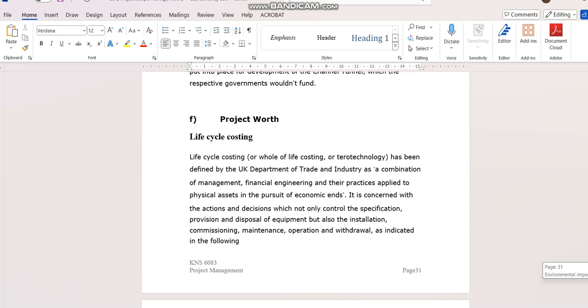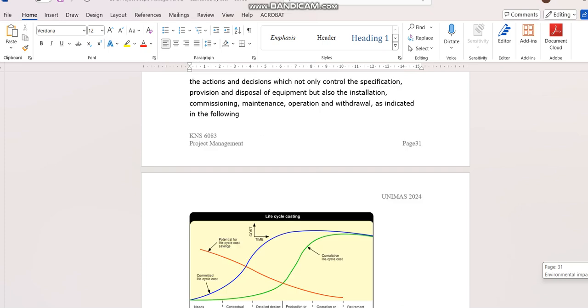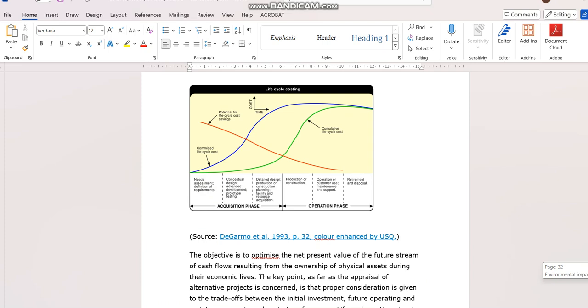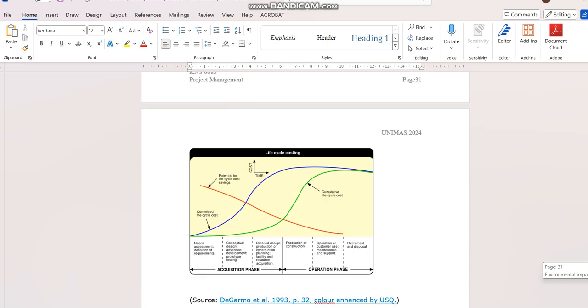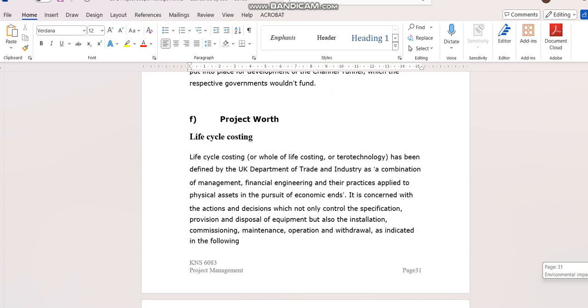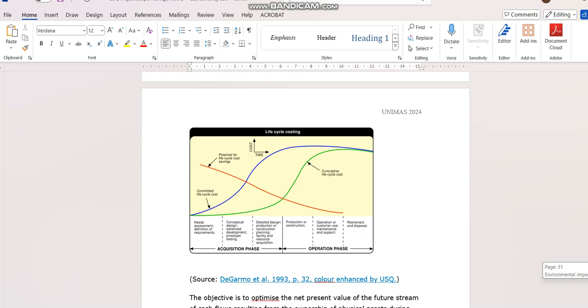But life cycle costing, because it's directly related to the aspects of operation and maintenance, should be considered. Previously we were considering a lot on the capital cost of the project, how much you're going to spend, how much you're going to get in return and all that. But life cycle costing is how much you're going to spend during operation and maintenance.